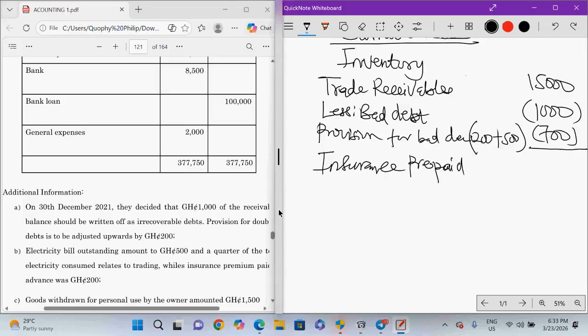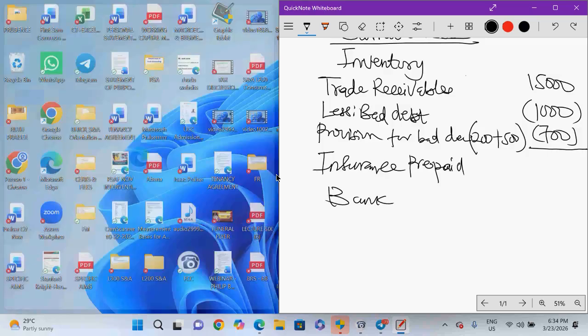Okay, then we go to our cash and bank. Any cash and bank? I think there's bank here, 8,000. For the bank too, if the figure is on the credit side, it means it is an overdraft and will go to the current liabilities. Here, is it at the debit or the credit?